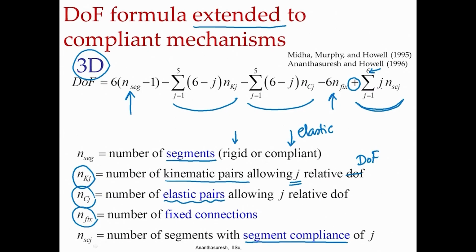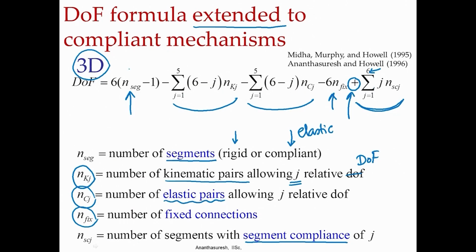Okay. And it is saying that if there are, let us say, NSC1, that is, single segment compliance elastic segments, that will add J, meaning that for NSC1 we take J equal to 1. So, it will add 1 degree of freedom, that is why we have this plus sign. Let us look at the formula one more time.